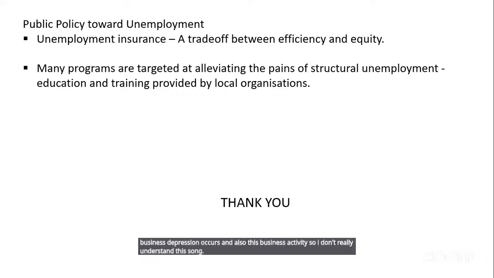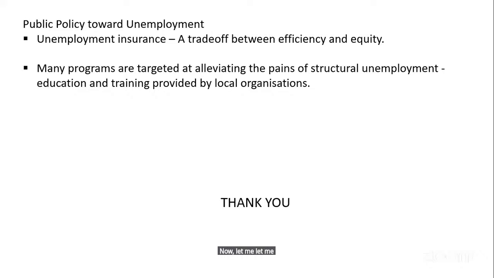Let me explain cyclical unemployment. The economy is not stable, it's up and down. We normally experience boom, when the economy is growing, then depression, when the economy is going down. During depression, investors will not want to invest.